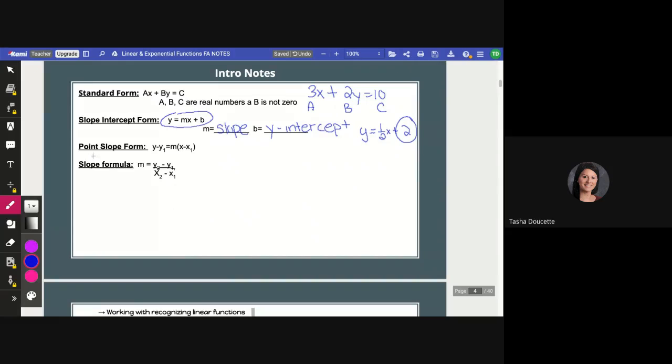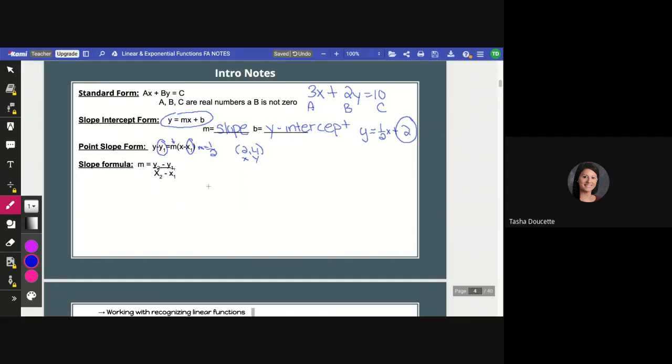Next, we have point slope form. This is where you have y minus y1 equals m times x minus x1. So if they give you your slope, m equals 1/2, and you have a point of, say, (2, 4), you can place these variables, x and y, into your equation right here, and your slope into your equation right here.